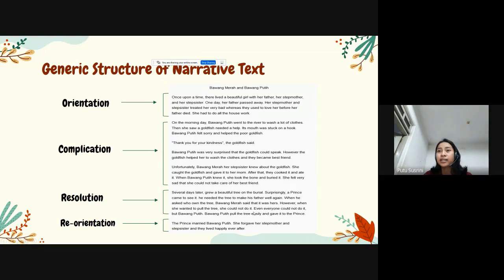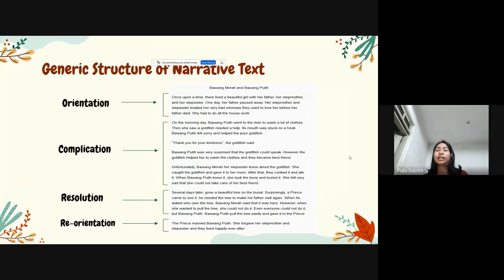And after that, Bawang Putih pulled the tree easily and gave it to the prince. So it is the resolution. And for the last is the reorientation. Reorientation is about the closing remark of the story. So you can see here there is the sentence like they lived happily ever after. So it is the closing remark of the story.